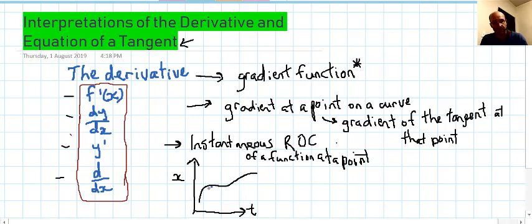So at this point here, we take a tangent and we can find the velocity by knowing the gradient of the tangent. Likewise at other points too, the values of the gradients of those tangents represent the velocity if you've got a displacement time graph.